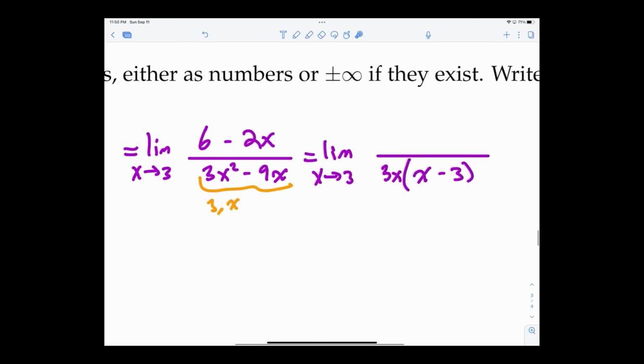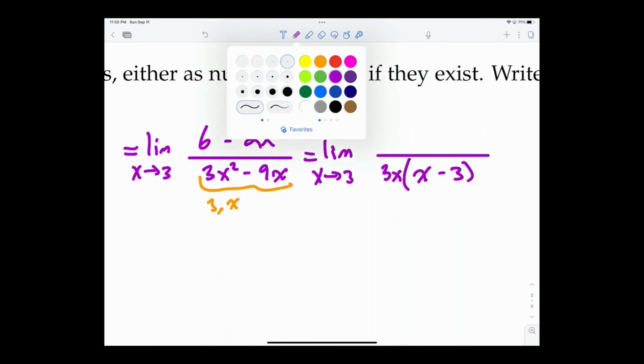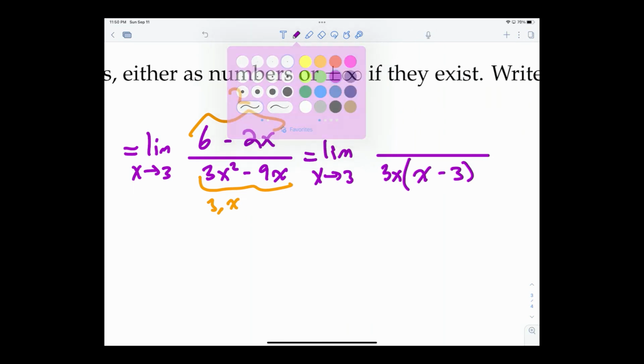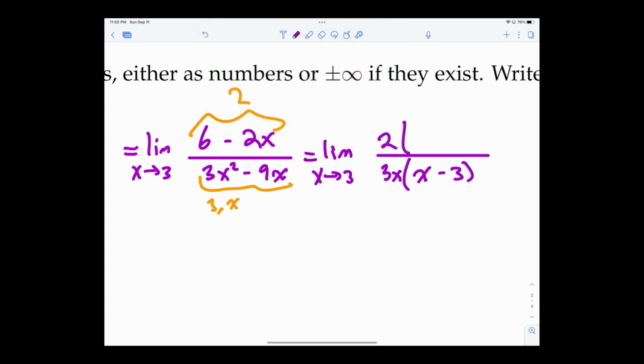In the numerator, I realized that these both have a 2 in common, so I take out a 2. Okay, I take out a 2, and I will be left with 3 minus x, right? 2 times 3 is 6, and 2 times x is 2x.